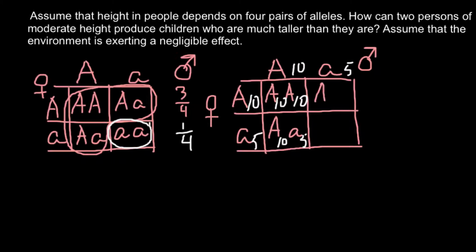Here also a heterozygous genotype, and 10 centimeters plus 5 centimeters. And here we would have small a small a genotype, and 5 centimeters plus 5 centimeters.